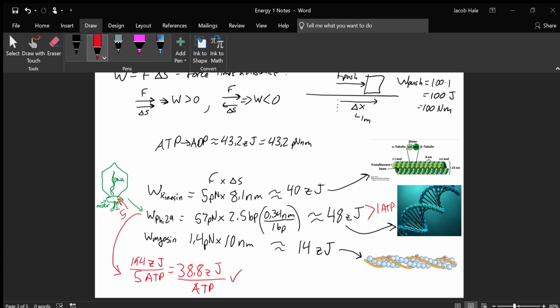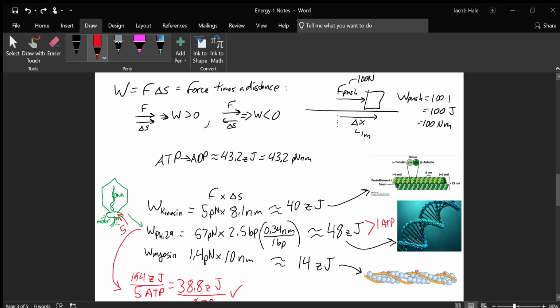This is what we thought it was per ATP, but it actually has 4 strokes, so that's per stroke.